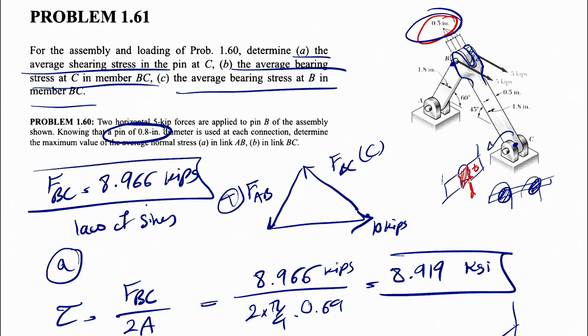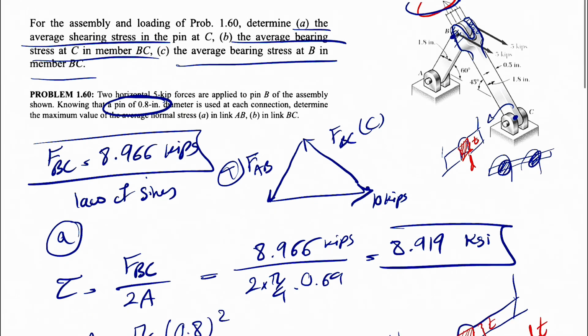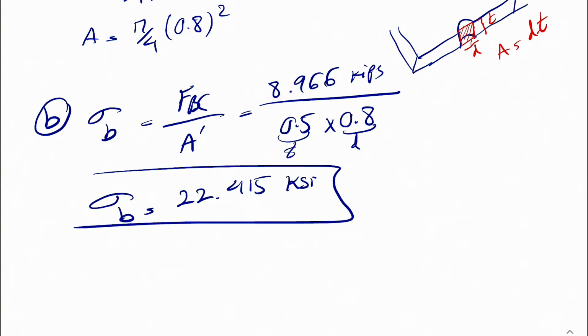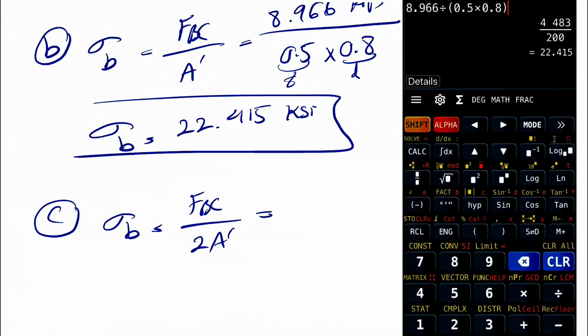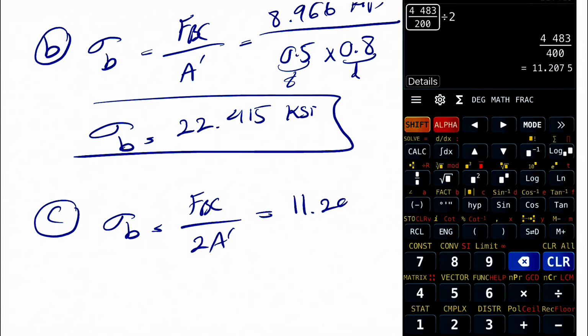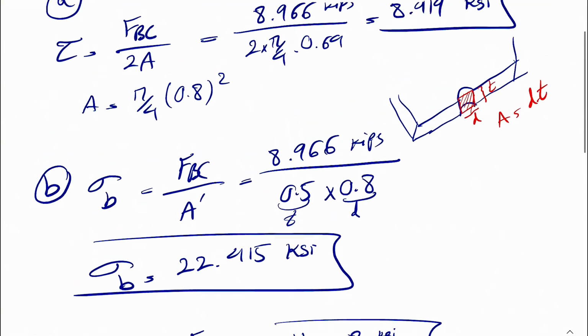But since we have two parts, one in here and one in here, we just have to multiply our area by 2. So the bearing stress in this part would again be FBC over 2A prime. Basically we're dividing the answer that we found by 2, which is going to be 11.208.